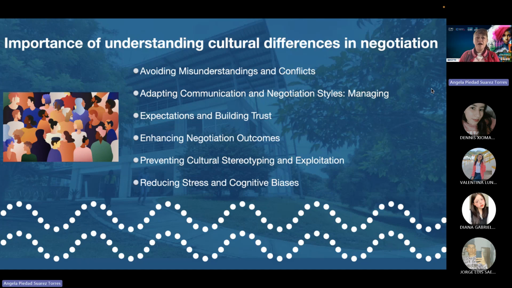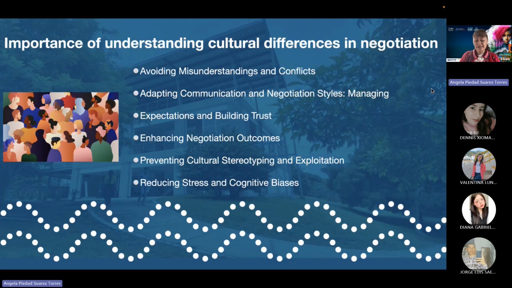So how important is it to understand those cultural differences in negotiation? Sometimes you may think that we just repeat and repeat and talk about the culture, the multicultural situation, the knowledge that we need to have about the cultures. But in practice, the understanding of the culture is very important.